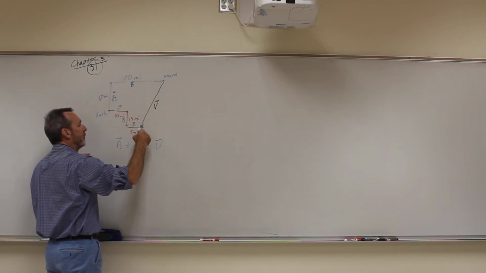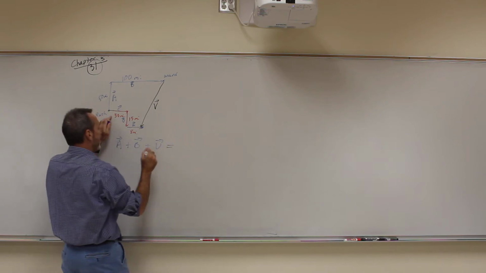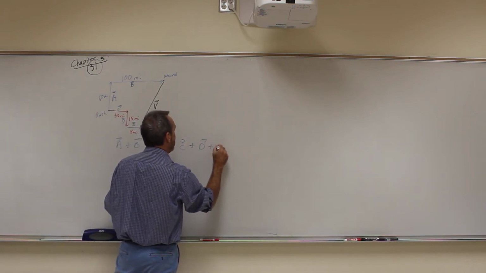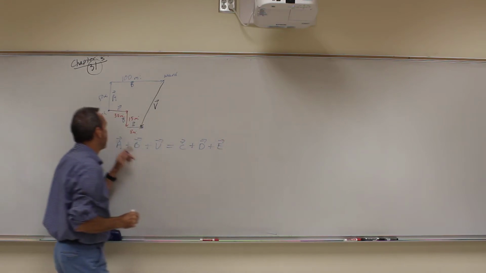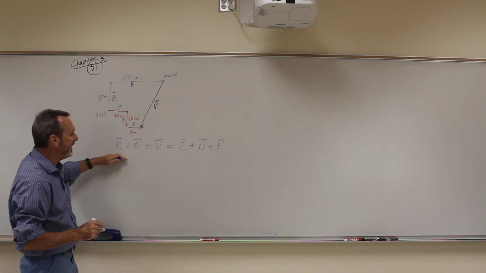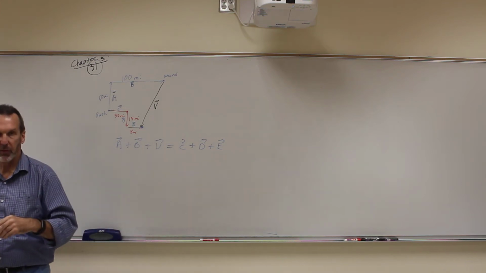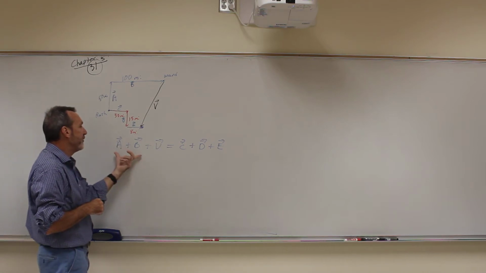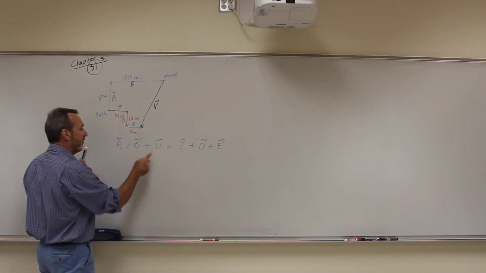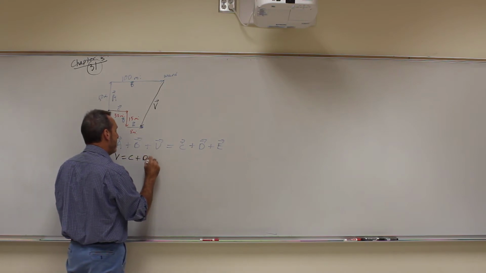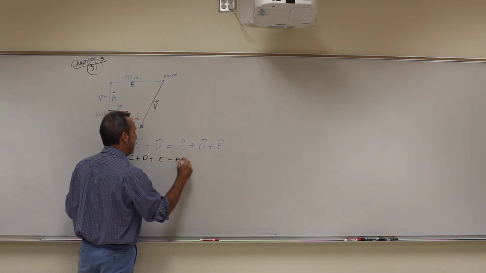But that has to be equal to C plus D plus E, because if I add those three together, they get to the same exact spot. So now I've made it into a vector equation. I want to figure out vector V, so I'm going to solve it for V. V is equal to C plus D plus E minus A minus B.